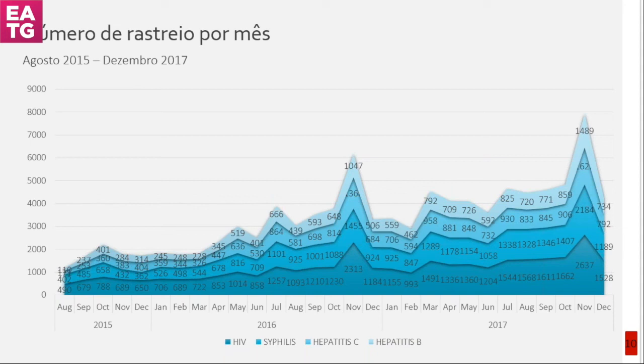Again, a question from Lauren from the European Testing Week Secretariat: would you be able to give an estimate of the percentage of those screened that met the criteria for more than one infection? I do not have that data with me.